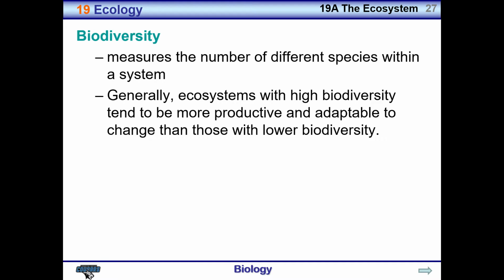If you had very few plants with very few animals living within it, maybe more like a desert, then it would have lower biodiversity. The top one, the one with higher biodiversity, is going to be able to adapt to change better than the other one.